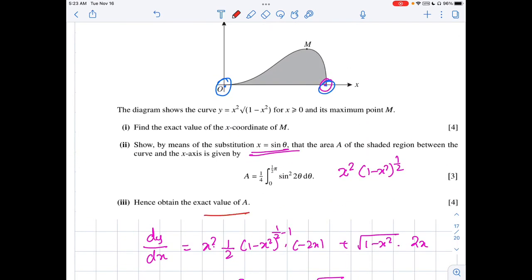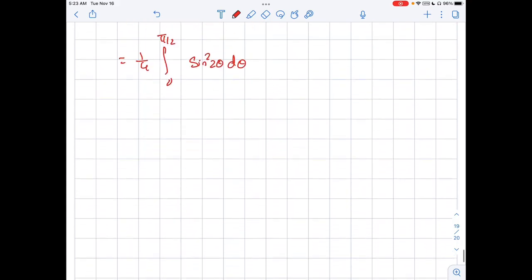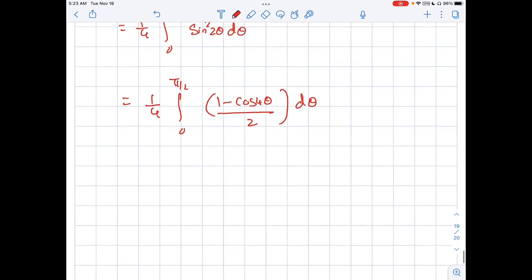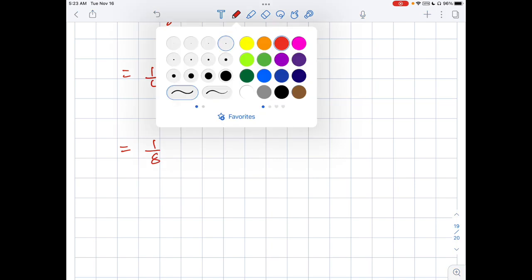Hence obtain the exact value of this one. So we have to find now the integration of this one. So it becomes 1 upon 4, 0 to pi by 2, 1 minus cos 4 theta upon 2, the formula. Sine square 2 theta is 1 minus cos 4 theta upon 2. So 1 upon 8. How could I get that?